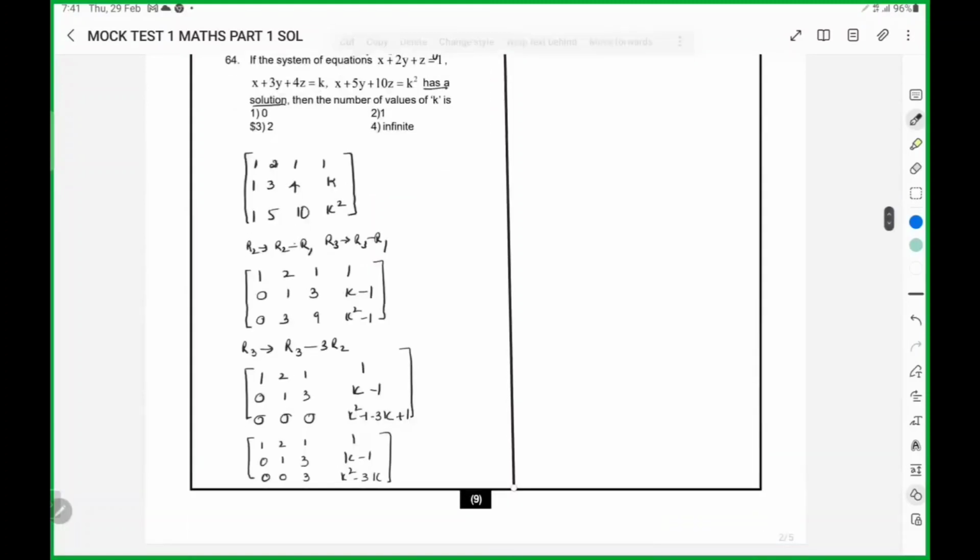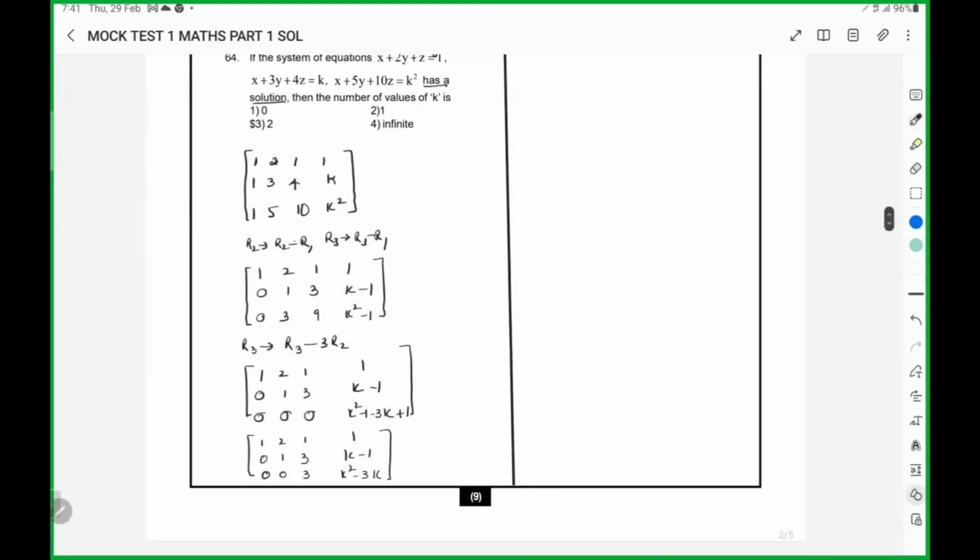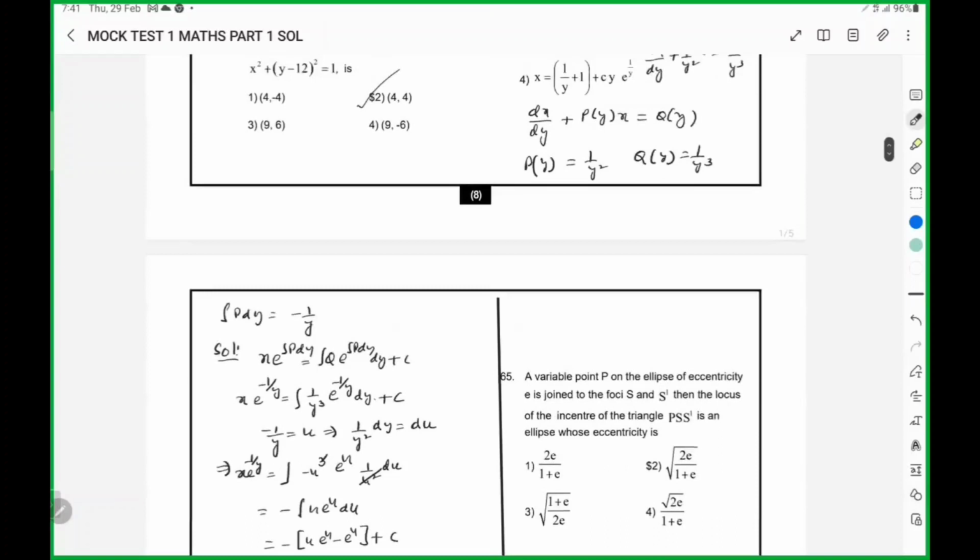So here, if k square minus 3k is not 0, there is no solution.